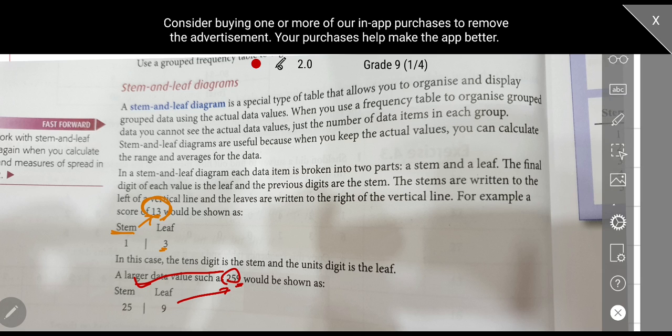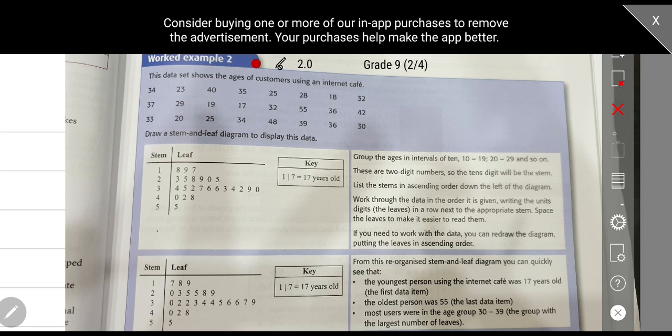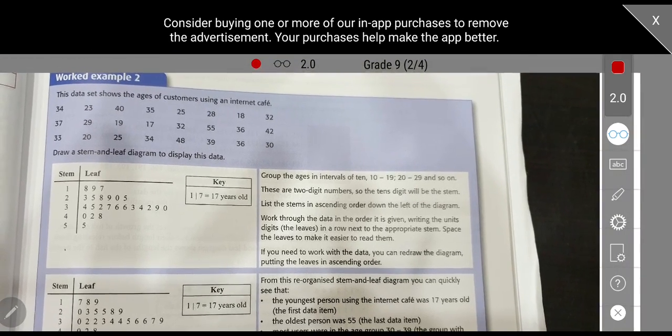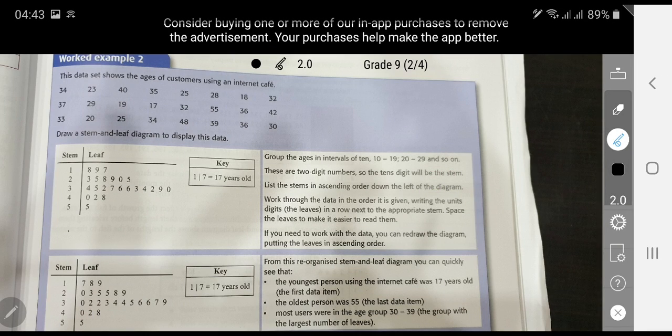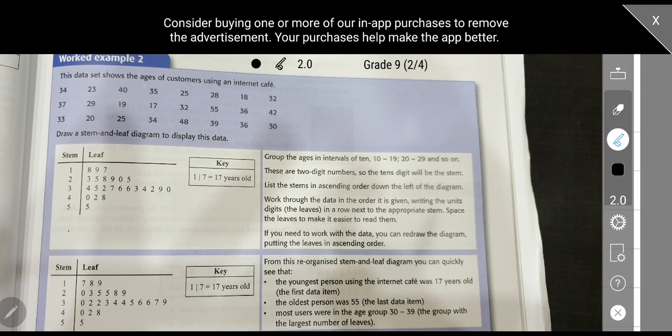Let's look at an example of this. In this example, they give me data. The data set shows the ages of customers using an internet cafe.